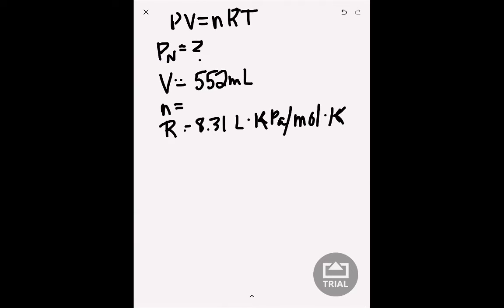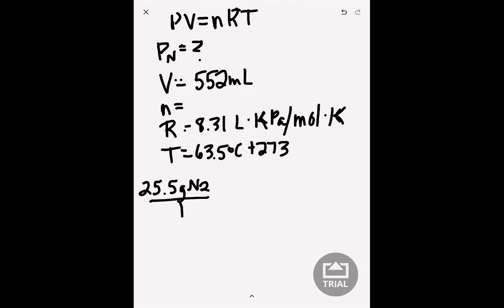Okay. And then, so we did R, and then T is 63.5 degrees Celsius. We know we're going to have to add 273 to that. And then our grams was 25.5 grams of nitrogen, which we're going to have to convert to moles. And remember, nitrogen gas is diatomic. One nitrogen is 14, so 2 nitrogens is 28.